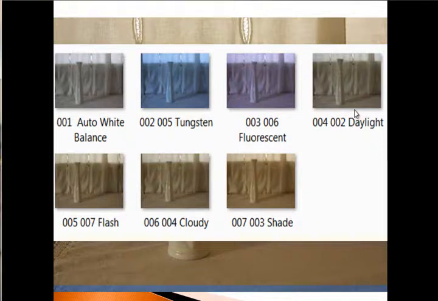And this one, if you compare it to the auto white balance, you can see it's warmer, and as it goes up you can see this one is the warmest, but it's not pure white like this one is more pure white.